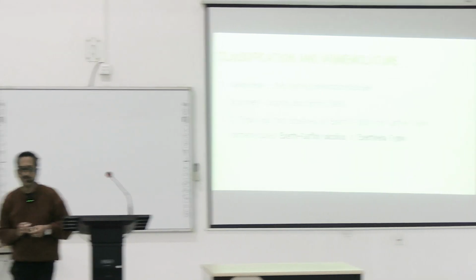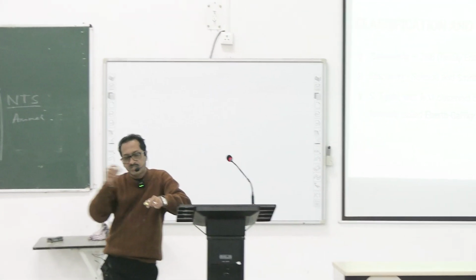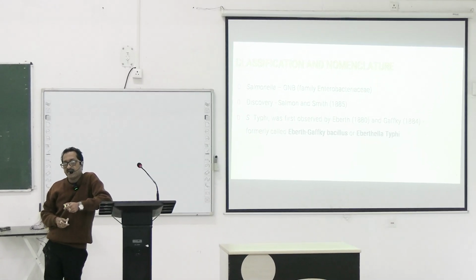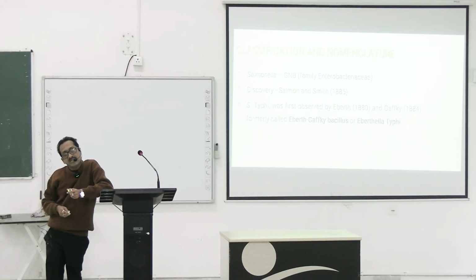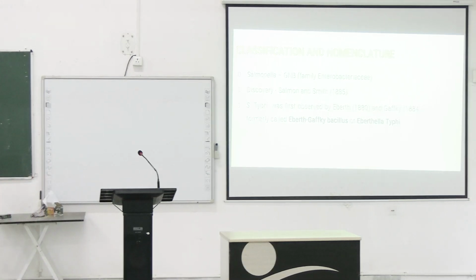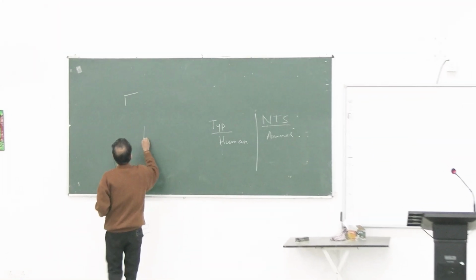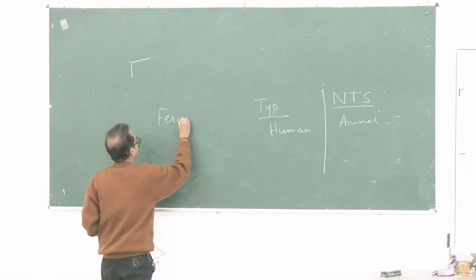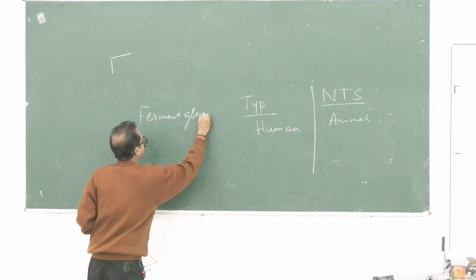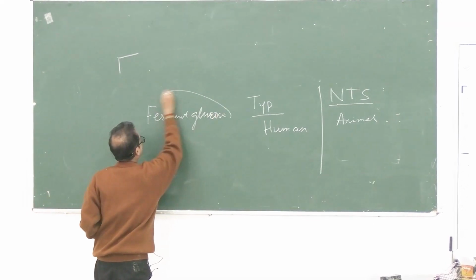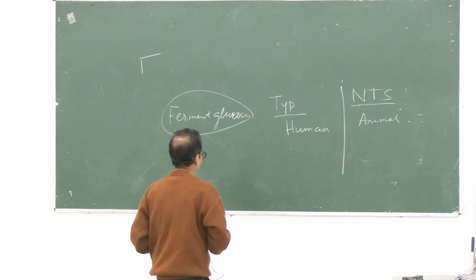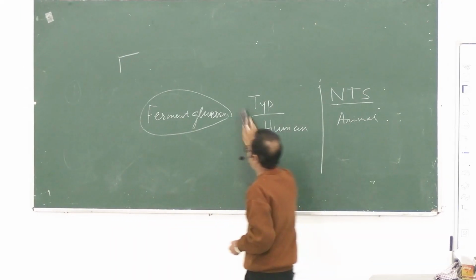They also reduce nitrate. Another important point, they at least ferment glucose. They may be lactose or non-lactose fermenting, but all Enterobacteriaceae will ferment glucose. So these are the points of Enterobacteriaceae.